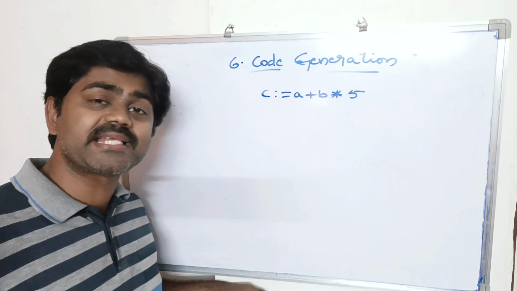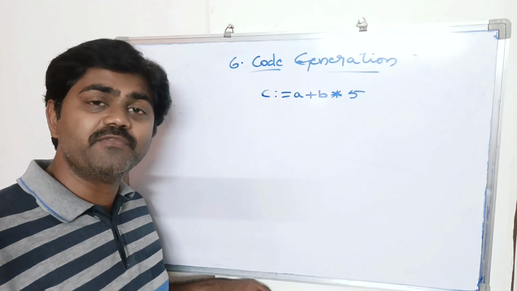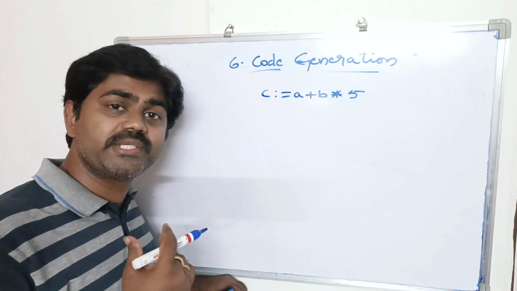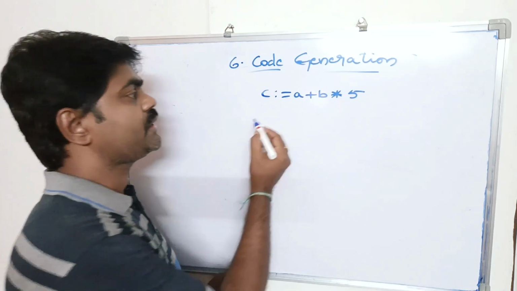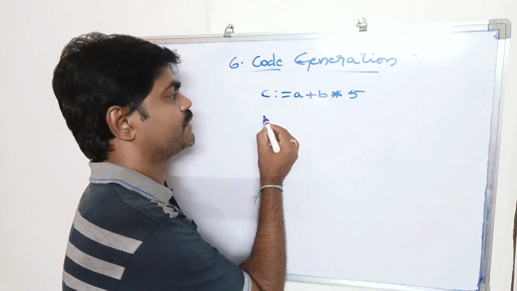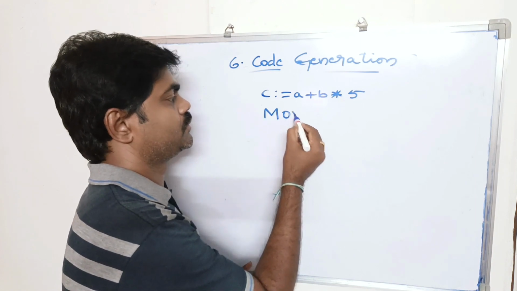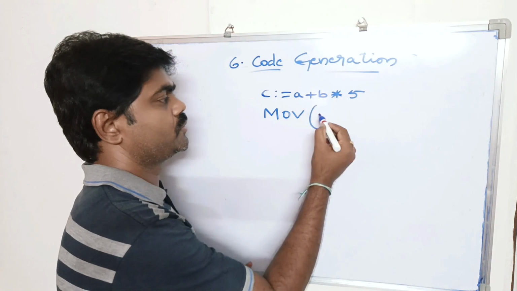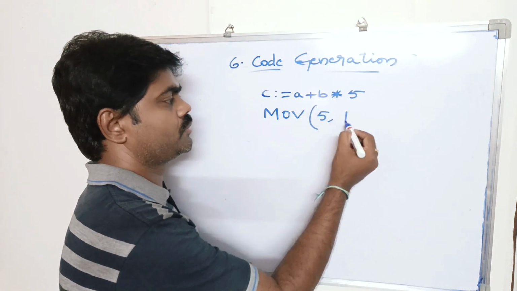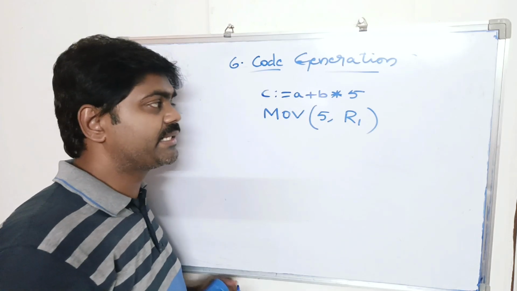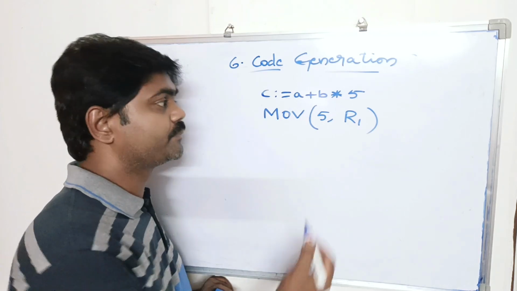So those instructions are nothing but your mnemonics in assembly, that machine understandable format. Okay, so machine understands only the instructions. So here, if I say move 5 comma R1, it's nothing but I'm moving 5 into register 1.